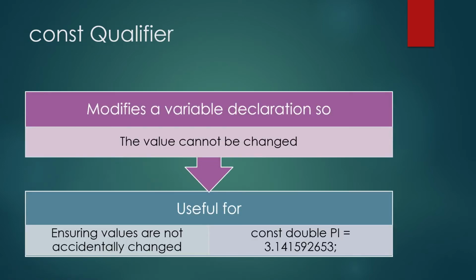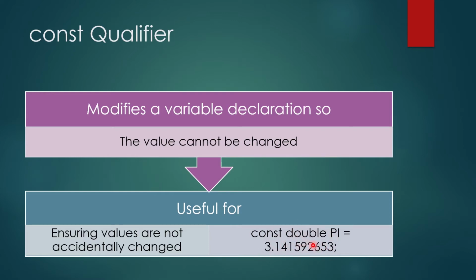We can also have const values, which when you declare a variable to be const, you can initialize it, and then the value cannot be changed after that. This is very useful to make sure that you don't accidentally change the value of a constant. So if we say const double pi equals 3.14, this is called initialization because I'm saying it's constant, its data type is double, its name is pi, and there's its value.